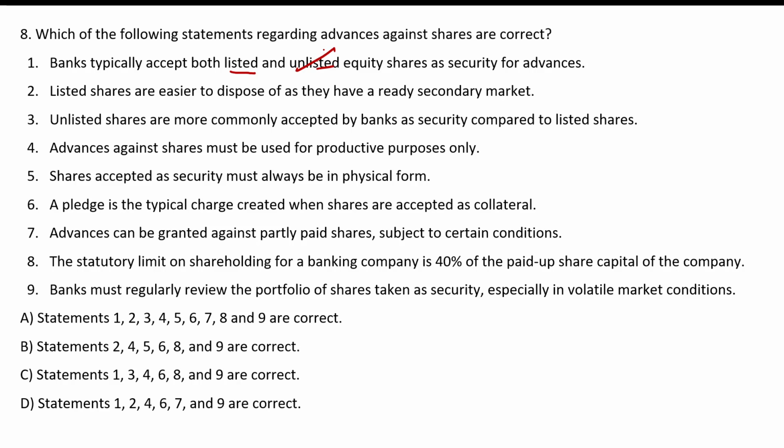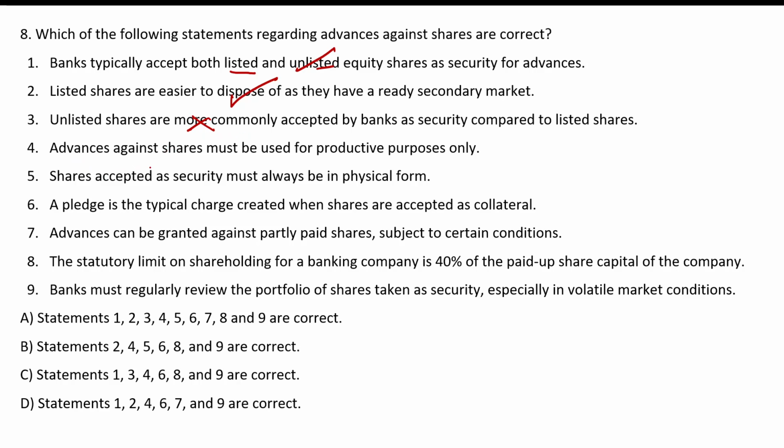But again, there is a caveat that only in specific cases will unlisted equity shares be accepted. But again, yes, banks can accept both listed and unlisted. Listed shares are easier to dispose of as they have a ready secondary market, correct. Unlisted shares are more commonly accepted, no. So this is not correct.